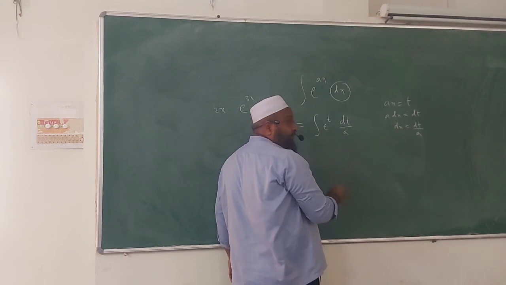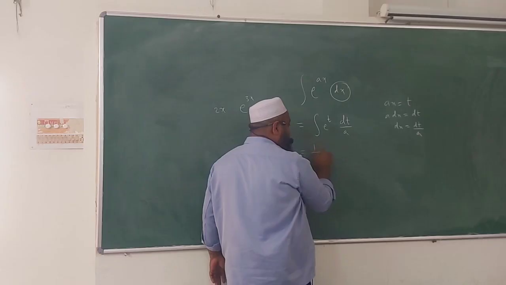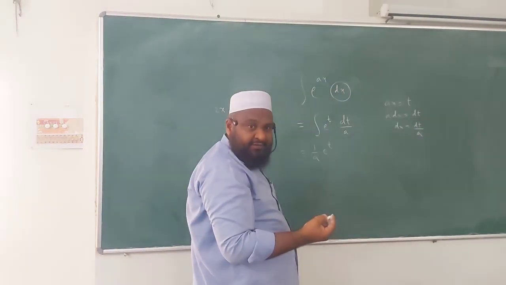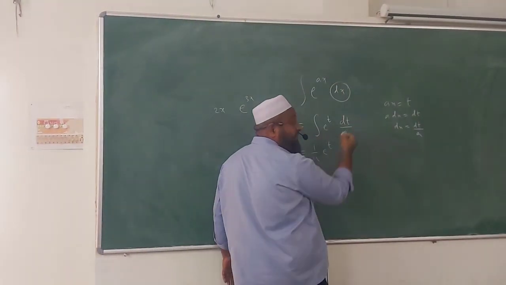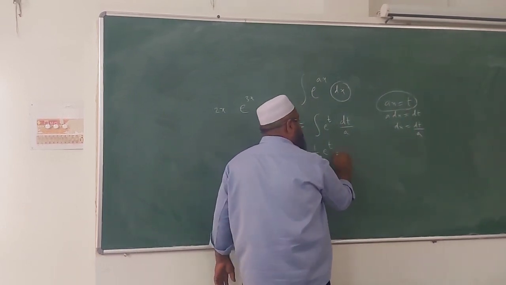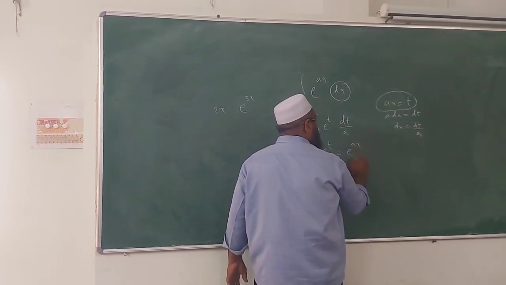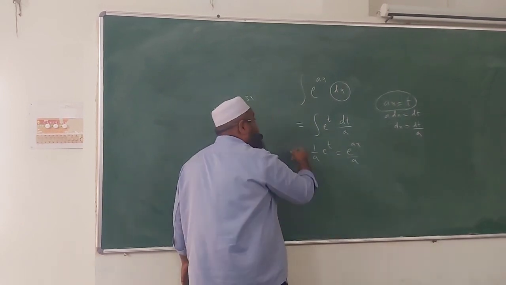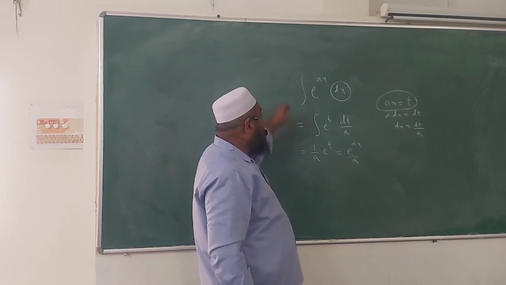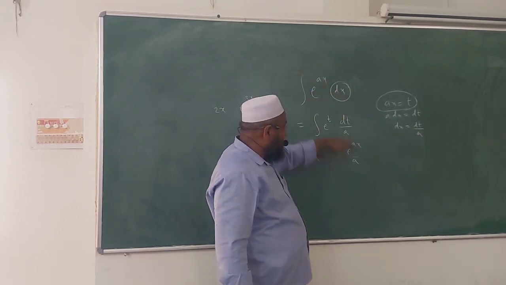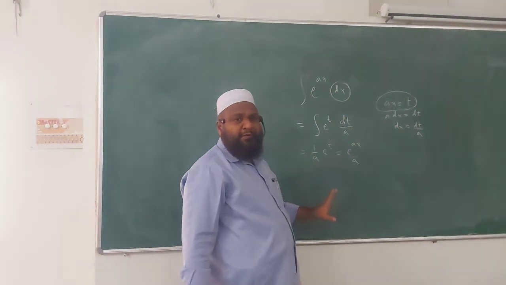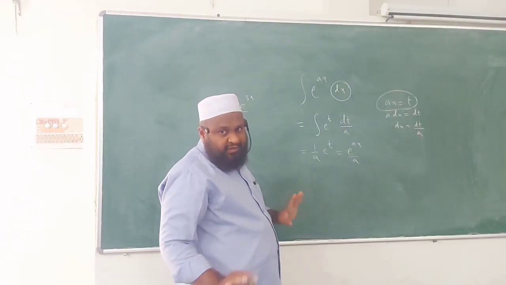So this a comes out, 1 by a, integral of e to the power of t is e to the power of t, but t is nothing but ax. Therefore this becomes e to the power of ax by a. So from all these steps, what is the final conclusion? That integral e to the power of ax dx is e to the power of ax divided by a. You need to just remember that one. Okay, clear about this one?